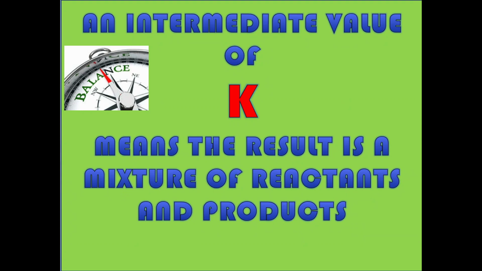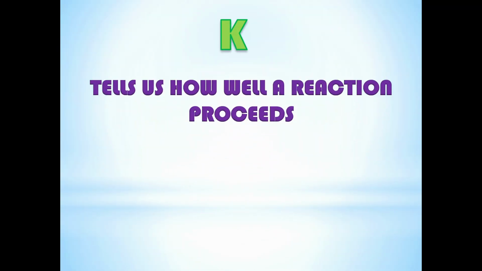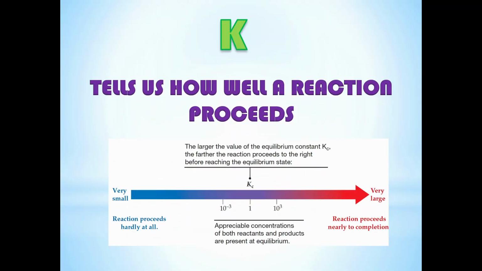Usually, an intermediate value of K that gives us a good mix of reactants and products is considered to be between 1/1000th and 1,000. 1 times 10 to the minus 3 to 1 times 10 to the positive 3. In that range, we consider to have a good mixture of reactants and products when we're done. So K is basically telling us how well the reaction proceeds.